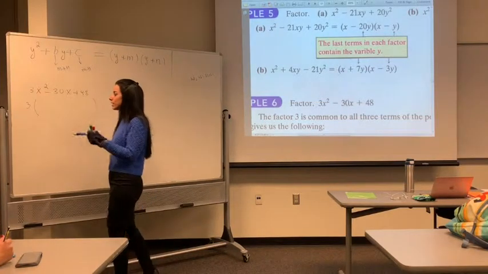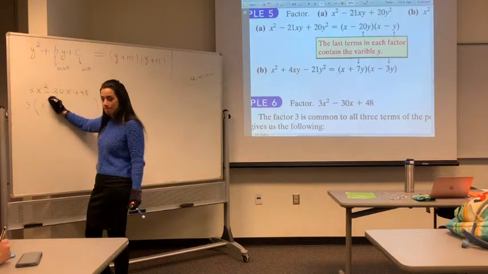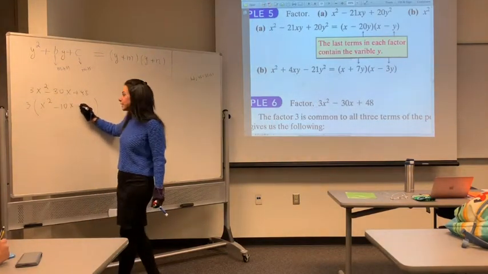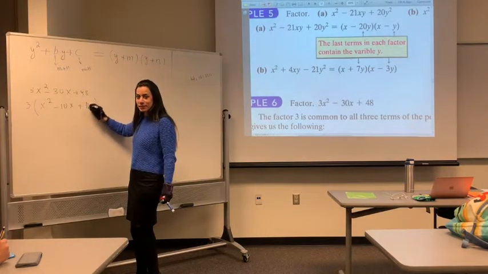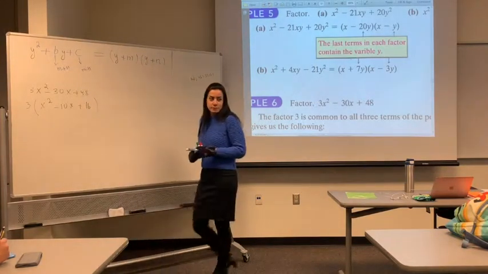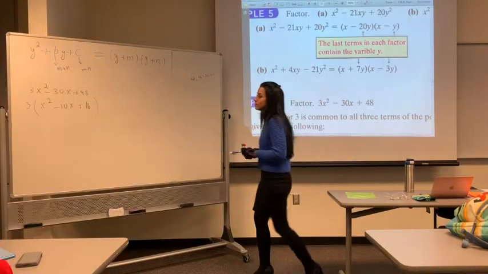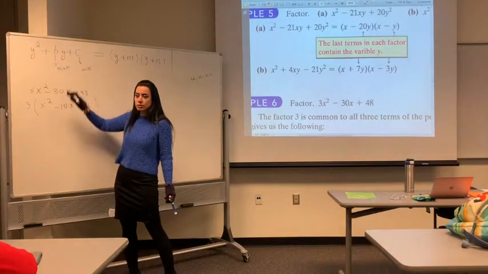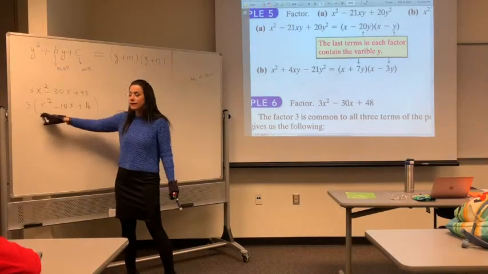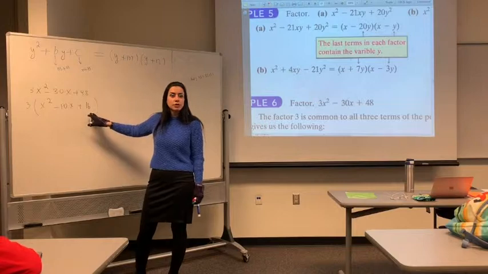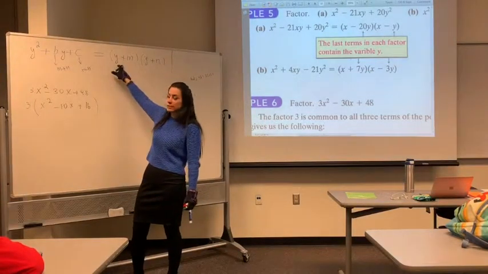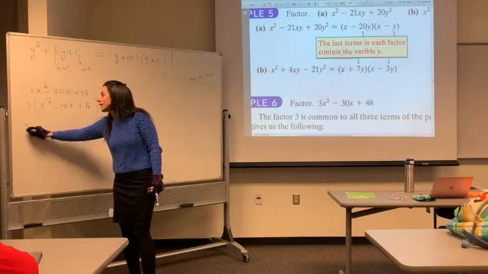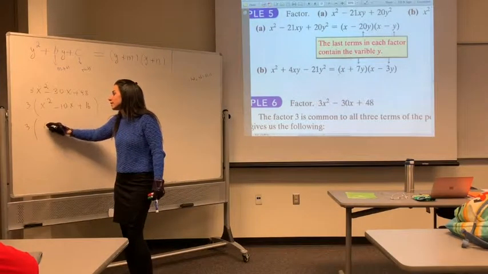From the first term, what remains? x squared minus 10x plus 16, correct? So now you have a trinomial exactly the same as this one. Just solve inside the parentheses and break it down into 2 parentheses like x plus m, x plus n. Okay, but just keep in mind 3 stays outside.